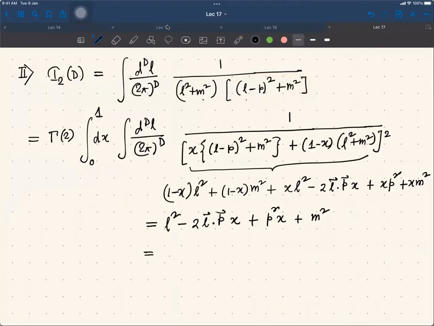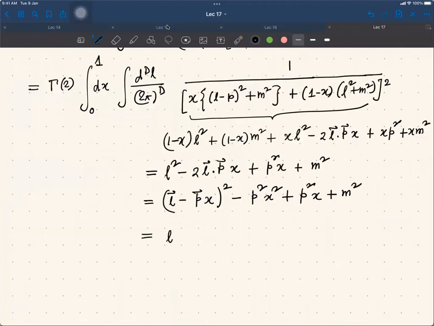This is same as L minus p vector times x whole square. This will give you L square minus 2 L dot p times x plus p square x square. But I don't have p square x square, so I subtract p square x square plus p square x plus m square.